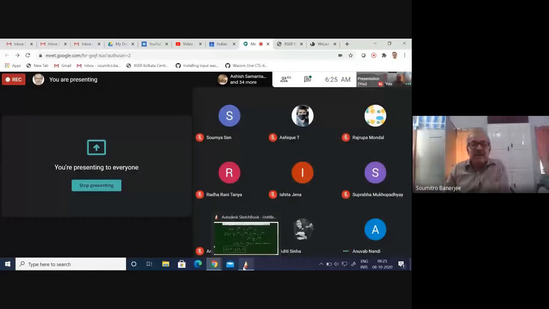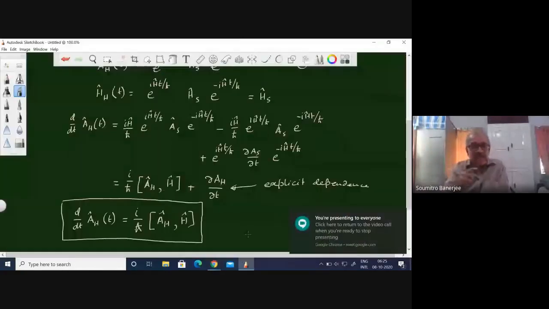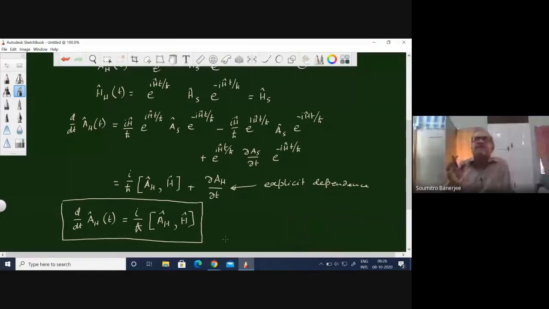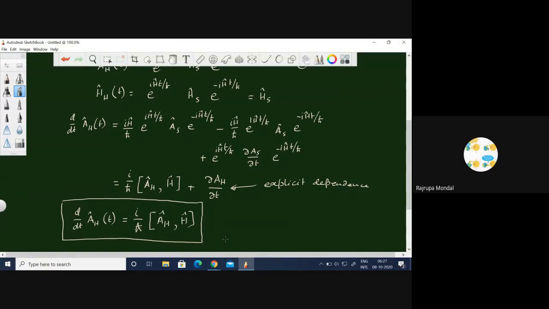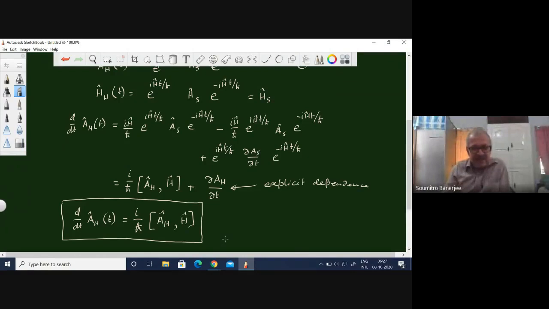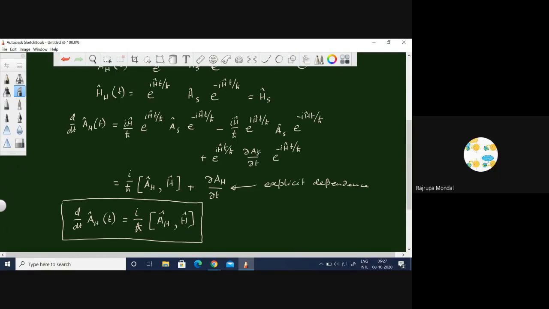What Anubhav just said makes sense because this does not have an explicit dependence on the position. These are variables that appear in the expression. That's all. It will contain variables, but there is no explicit dependence. Explicit dependence and implicit dependence are two different things, right? Yes, sir. So in that sense, A_S does not have explicit dependence on other things.